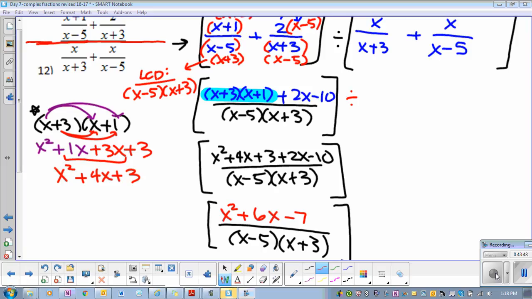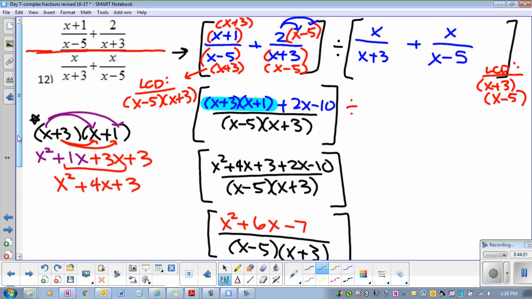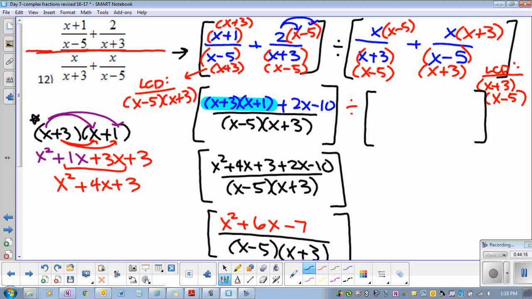So, divided by, I'm going to finish up this problem, okay? X plus 3 times x minus 5 is your LCD for your denominator. So this one is missing the x minus 5. This one is missing the x plus 3. So we have x minus 5 times x plus 3.